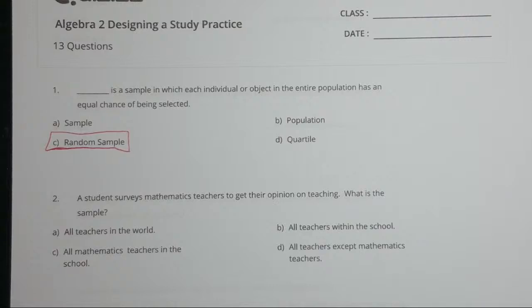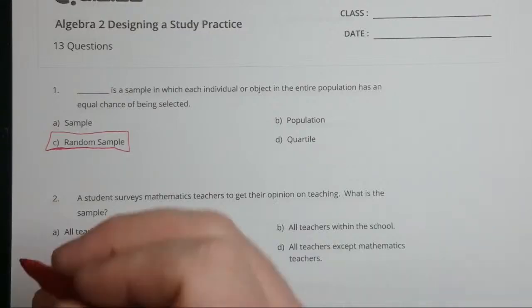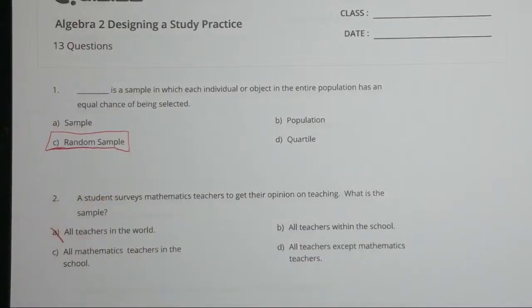Number two, a student surveys mathematics teachers to get their opinion on teaching. What is the sample? Now think about this logically. You are a student looking to survey mathematics teachers. Who are the mathematics teachers that are available to you? The ones that are in your school. You have to think about this logically and in the context of the problem. All teachers in the world, clearly you'd never be able to do that. All teachers within the school, no, you're surveying mathematics teachers.